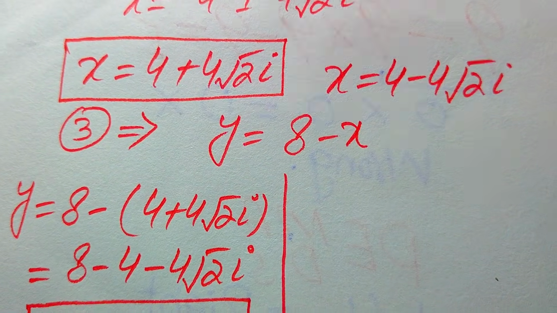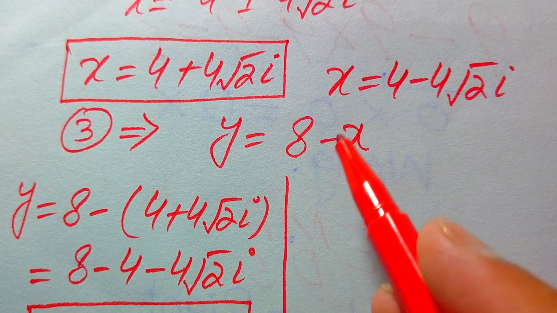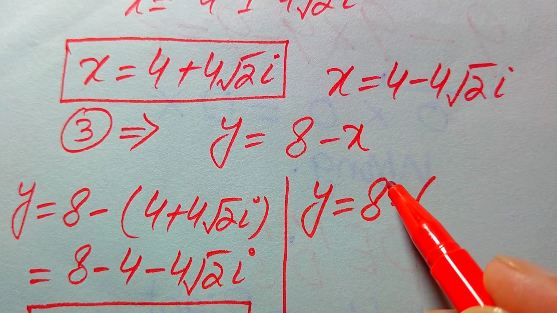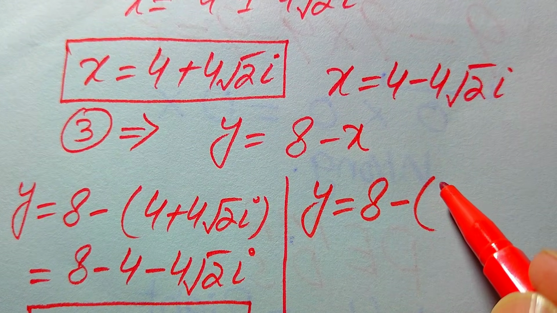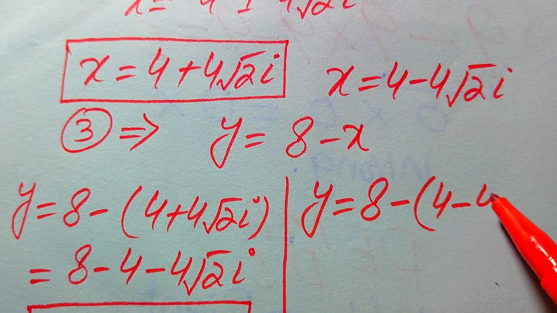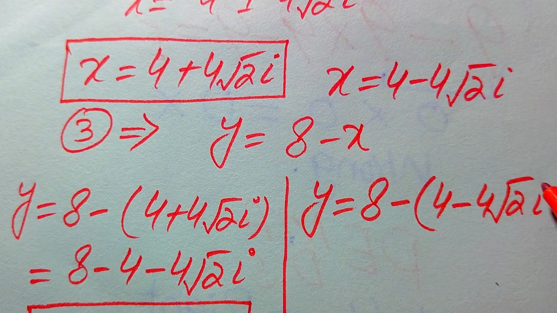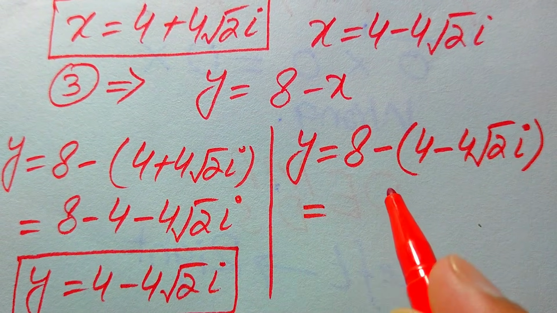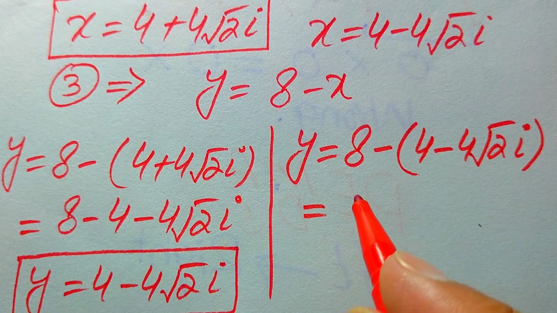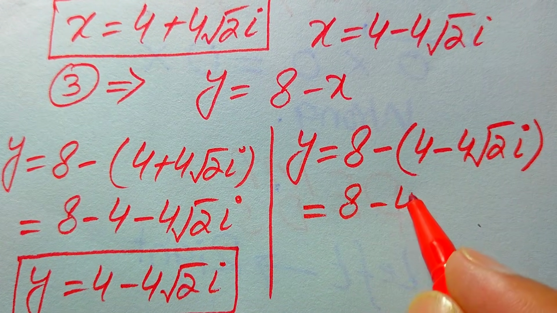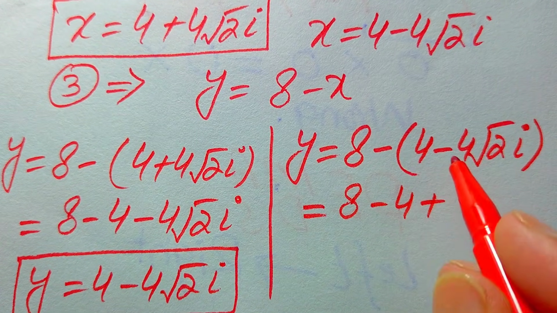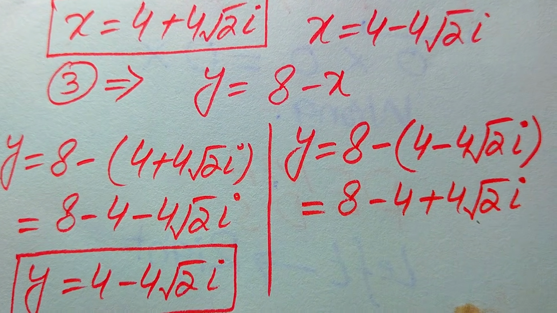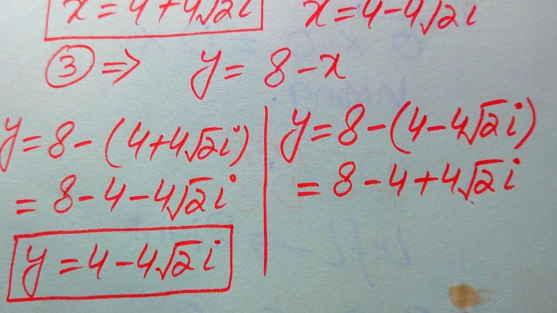And now in the same pattern we substitute this value of x here and we get the value of y equals 8 minus x. The value of x in this case is 4 minus 4 times the square root of 2 into iota. So here again we multiply this negative sign on each of these values and we get 8 minus 4, minus minus plus 4 times the square root of 2 into iota.